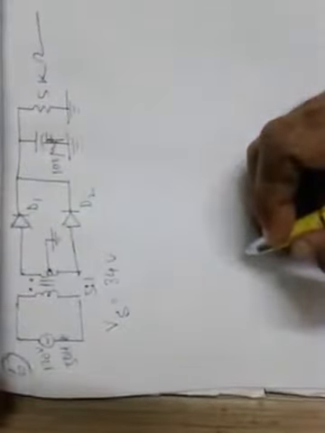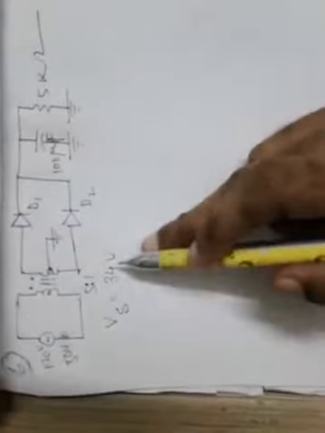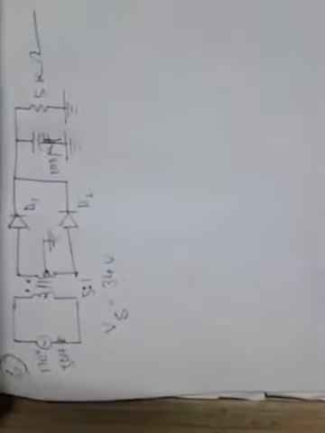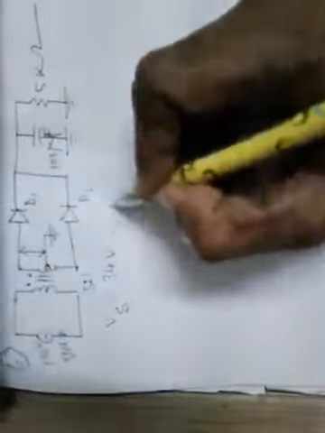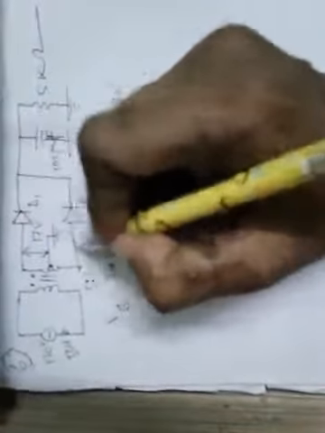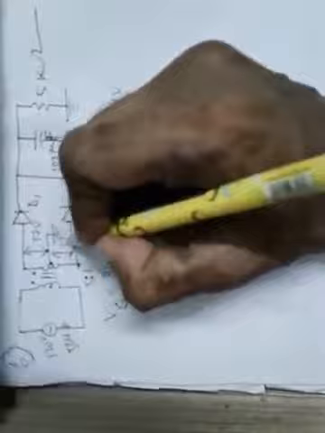Now half this voltage is the input to each diode, because it is center tapped. That means 34 volt divided by 2, that is 17 volt each, for each of the 2 diodes at its input.